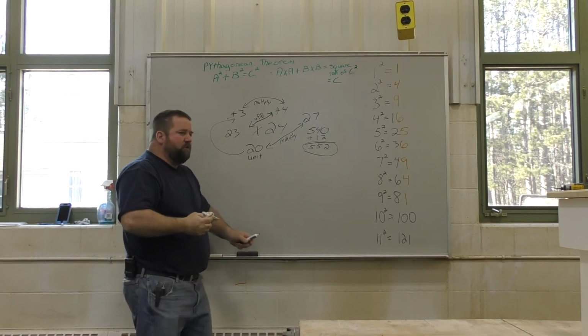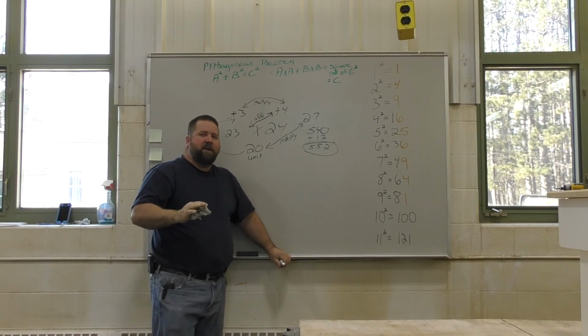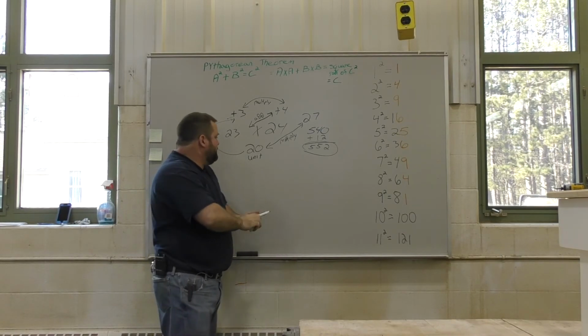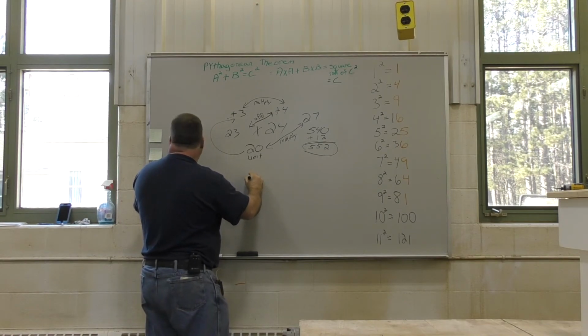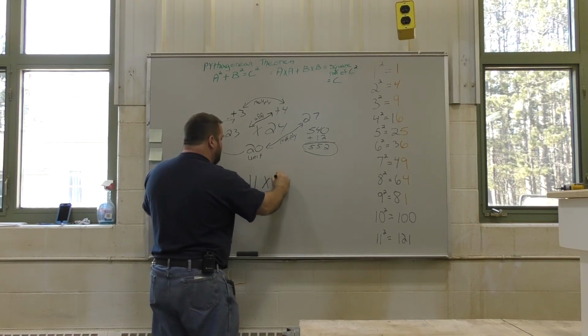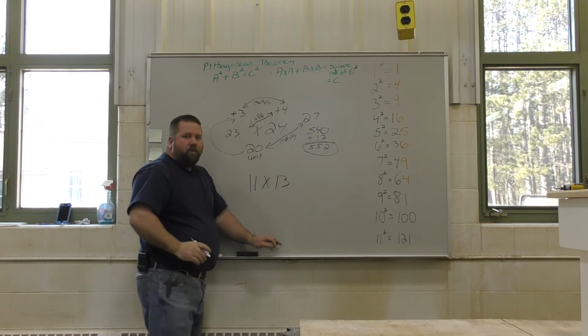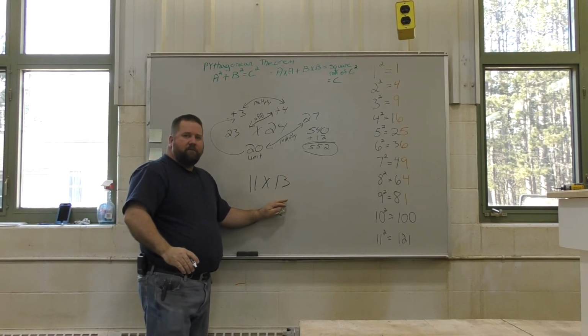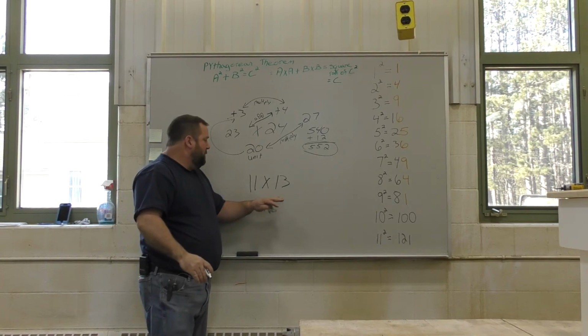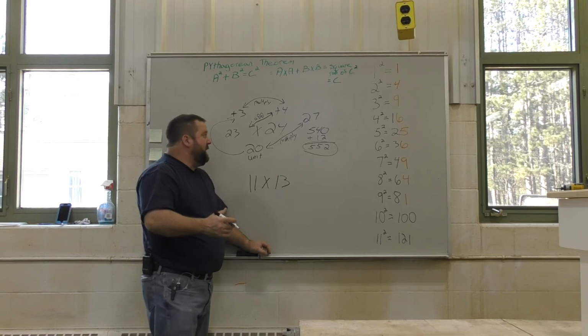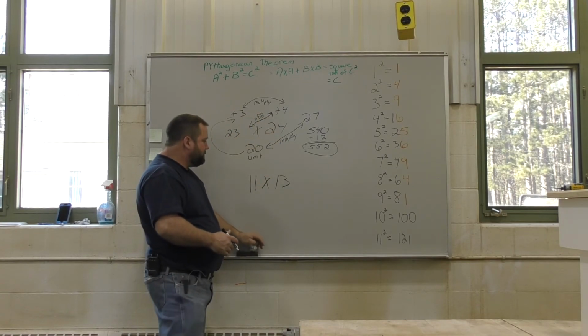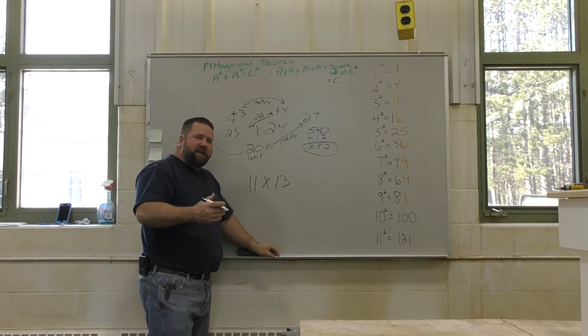So like I said, as you're watching this video, please stop the video as it starts. When you see me write down a number, whether it's 11 times 13, pause the video. Okay, go back, rewind it, pause the video, try to solve it, and see if you come up with the answer using this method. So it'll take a little bit getting used to.